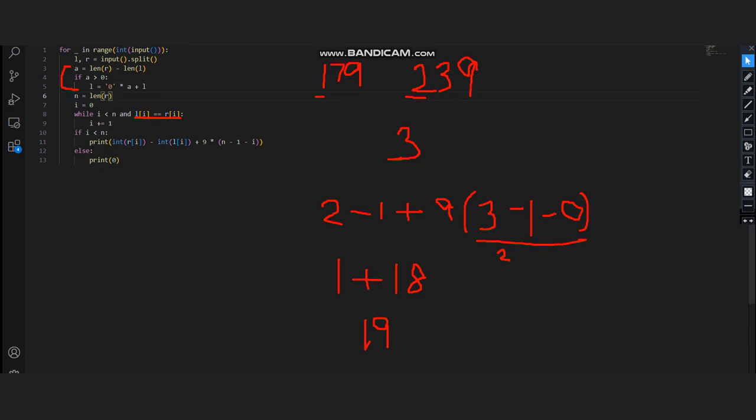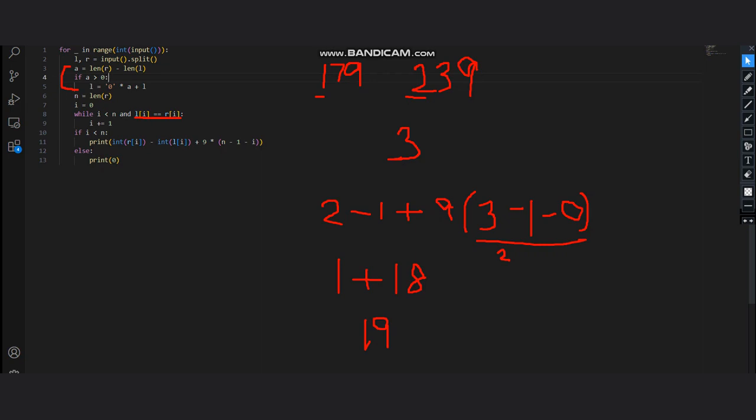So overall what we are doing is we are checking if i is less than n. If this condition is true, then it means that there is a digit in R that is greater than the corresponding digit in L. Like in 179 and 239, we had a greater digit, which is 2, than 1.